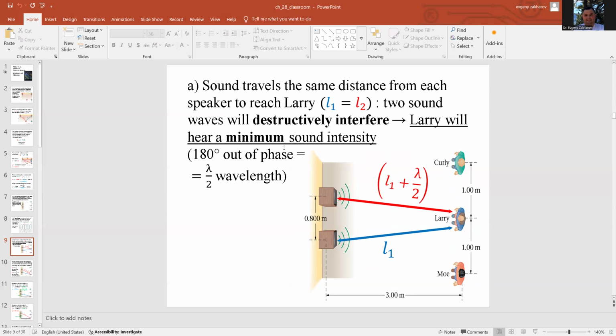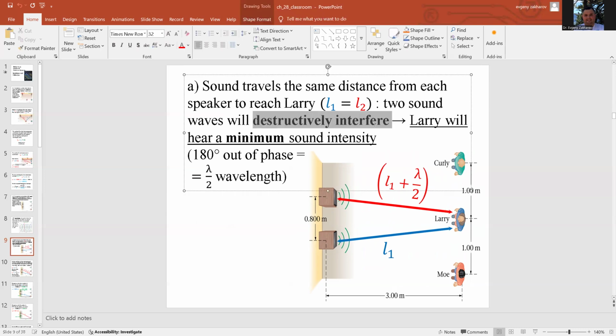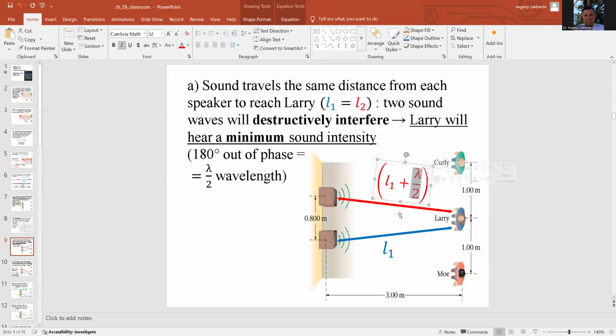So part A, we got Larry, and you can see that Larry is once again standing right in front of the loudspeakers, and the distances are the same, but the loudspeakers are out of phase, and because of the out of phase given conditions, Larry will hear destructive interference, and that is your extra lambda over 2 component added to the distance that is traveled by the first wave.